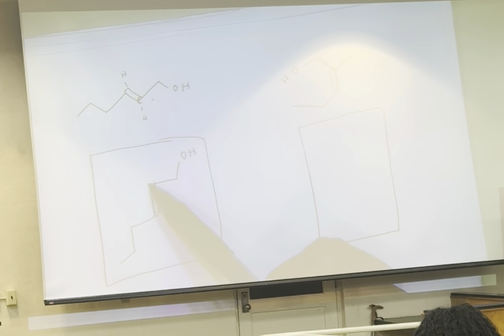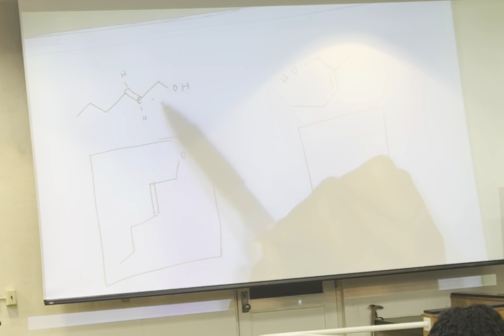And then the other substituent on the other vinylic carbon is anti to it, so I'm drawing it anti. And that vinylic carbon has a hydrogen, so it's right there. So the first thing you have to do is translate your molecule so that the OH group is in the upper right-hand corner.